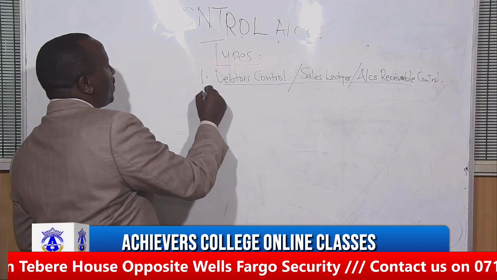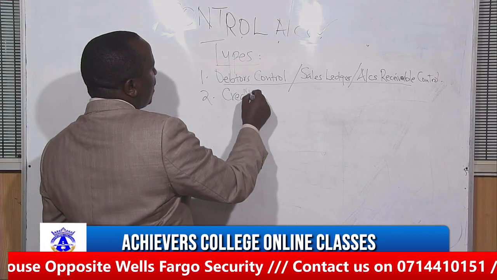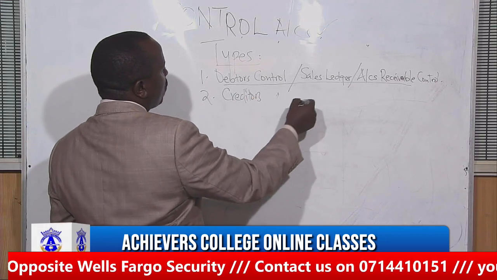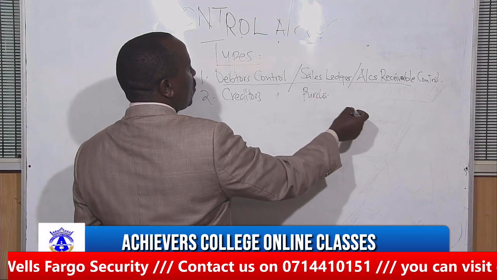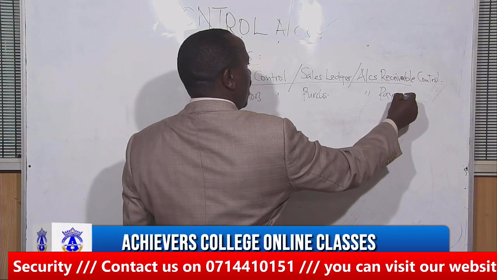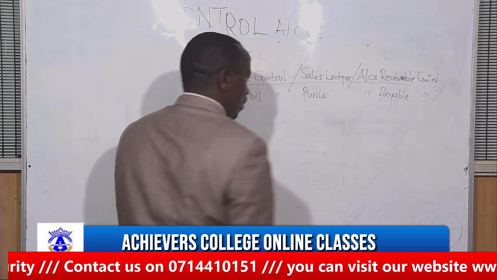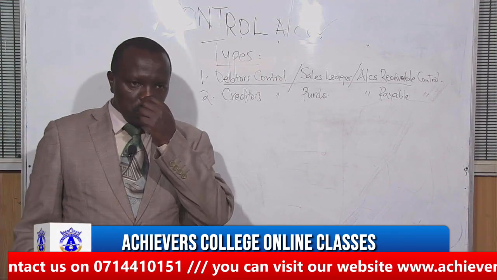And we have the second one, which is called the creditors control account, which is also called the purchases ledger control account, which is also called the accounts payable control account.